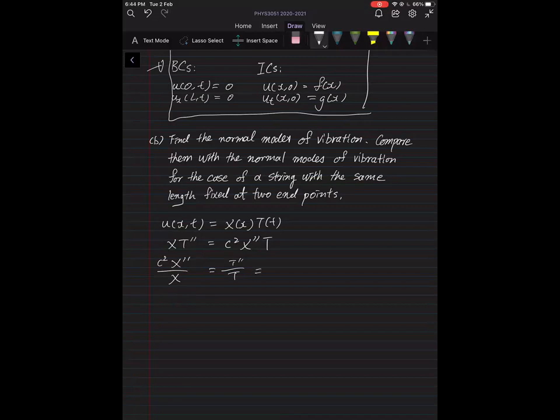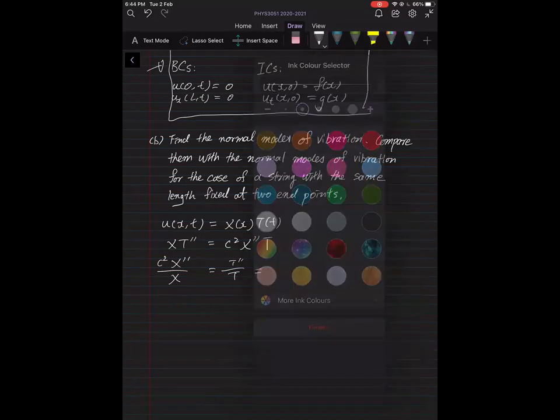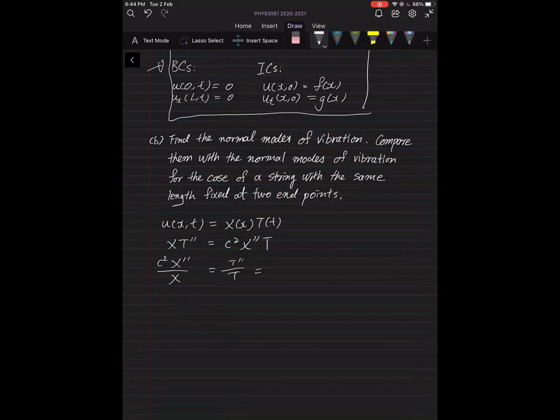For this constant, it can only be negative. So it is similar to the case that we had in the diffusion equation. So we write it as minus omega squared to denote this constant to be some negative number.